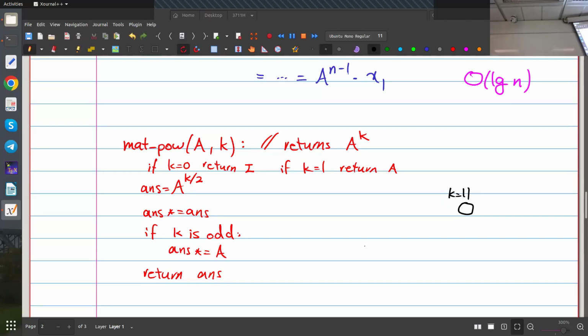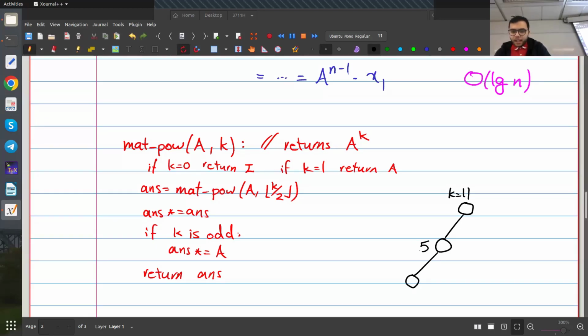I'm finding A to the power of K over 2. By the way, I forgot to write this in a recursive way. So I want to basically call the same function, matrix power of A and K over 2.